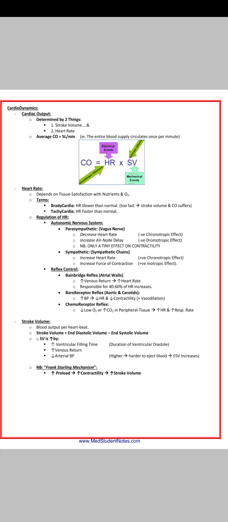So when the preload of blood increases, the contraction increases, and the stroke volume increases. So the stroke volume is proportional to the preload of blood. That is the Frank-Starling mechanism, and it is connected at this point.